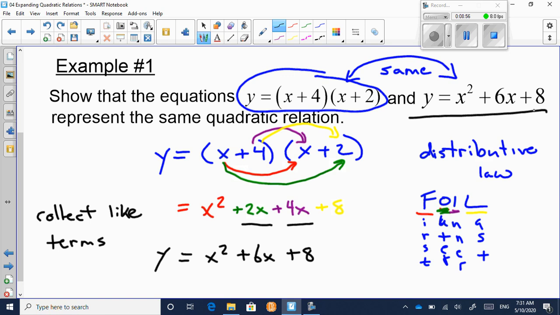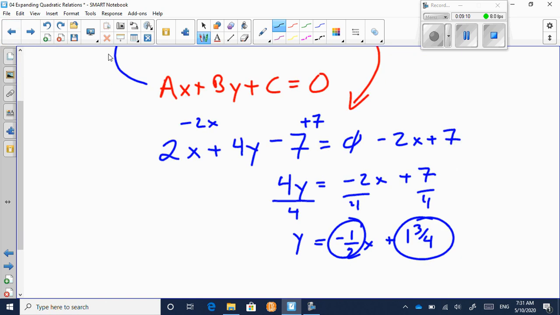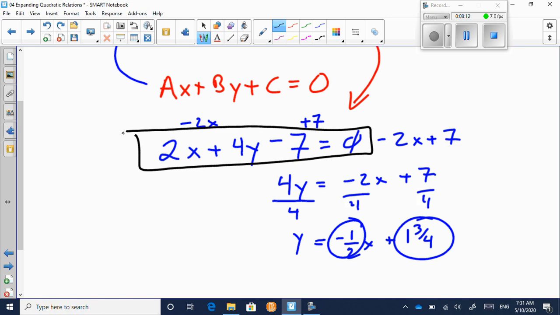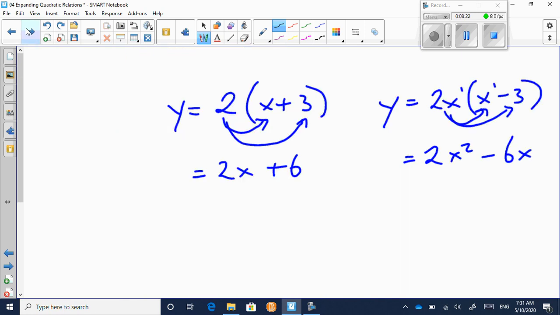They're going to yield the same curve, the same U-shape. It doesn't matter which one we do, it's the same thing. So just like with lines, just like this equation and this equation are the same line, so are those two the same parabola.